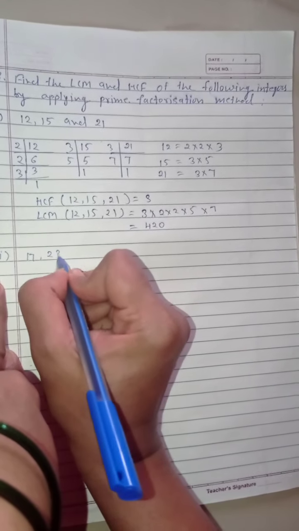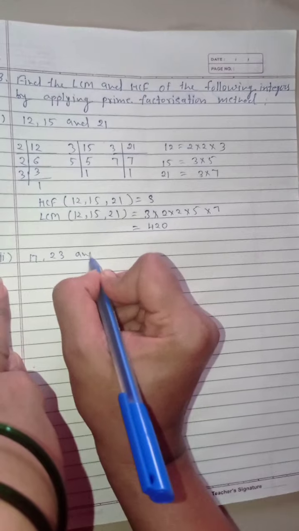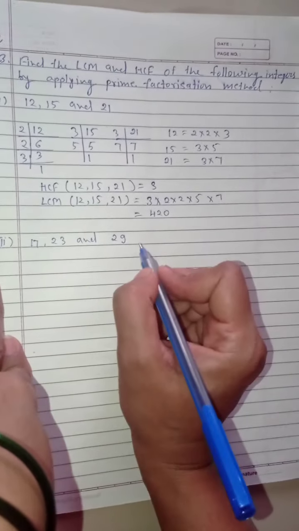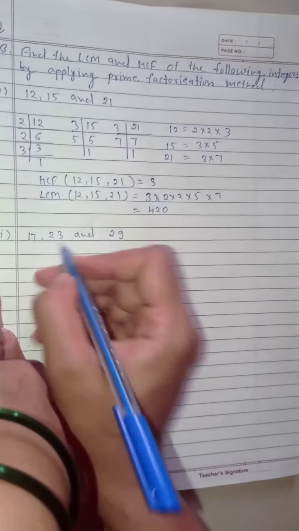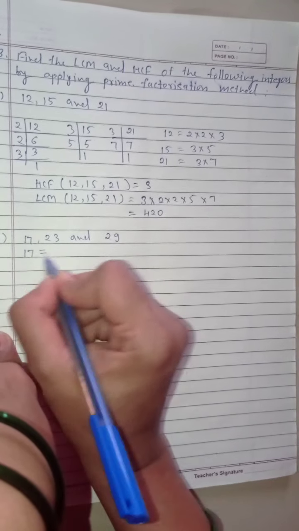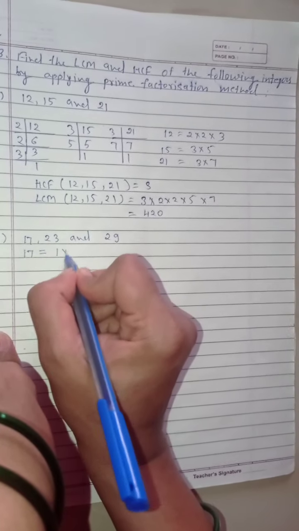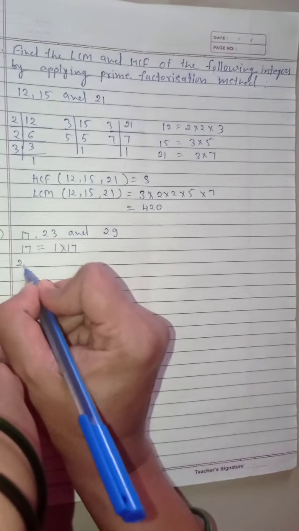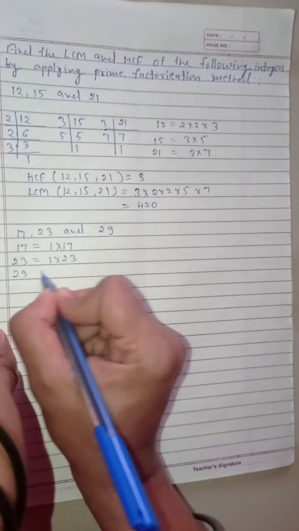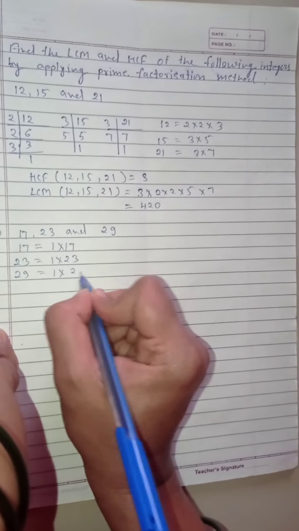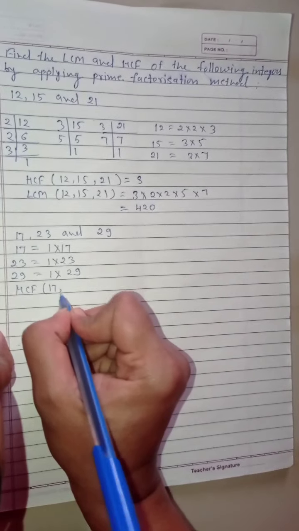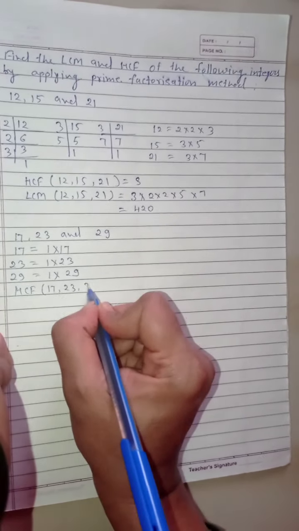Question number 2: 17, 23 and 29. 17, 23 and 29 all are prime numbers. We can write 17 as 1 into 17 only, 23 as 1 into 23, and 29 as 1 into 29. Common factor here is only 1.